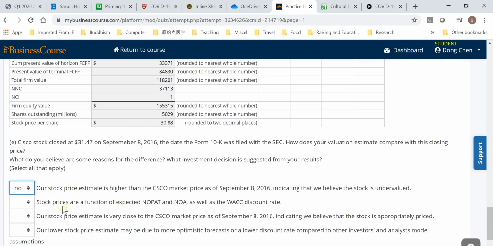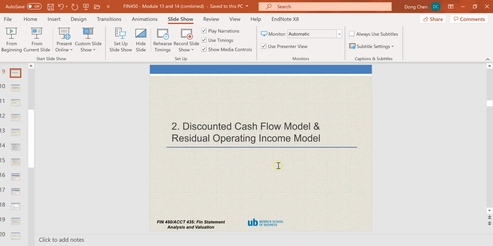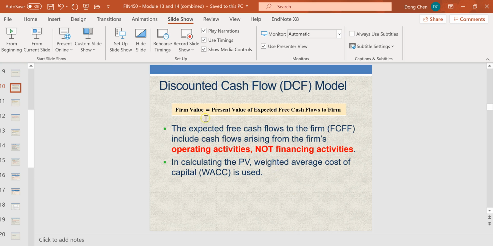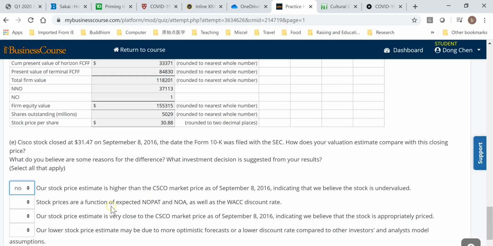We should say no. Next, stock prices are a function of expected NOPAT and NOA as well as the WACC discount rate. This is actually true, because firm value equals the present value of expected free cash flows, and free cash flows equal NOPAT minus the increase in NOA. So ultimately the stock price will be a function of NOPAT and NOA.